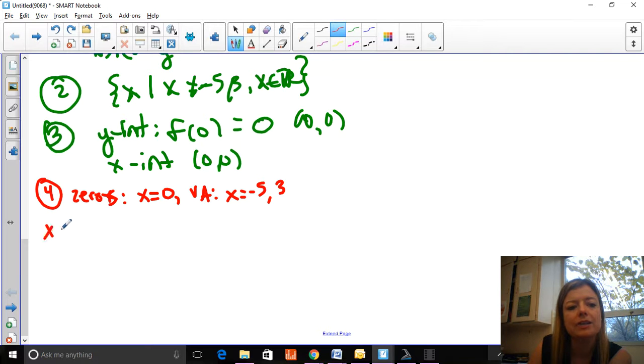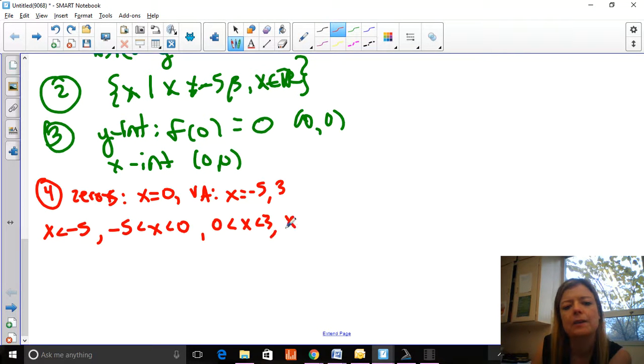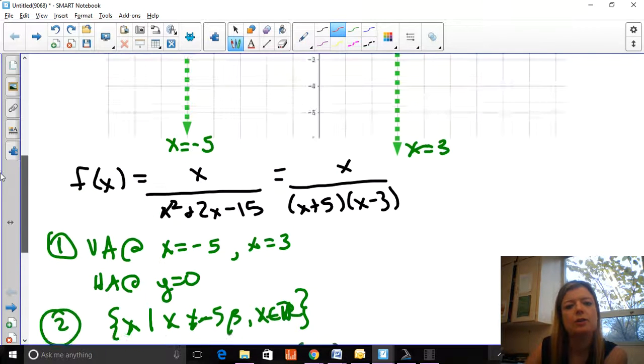So this creates one section that's less than -5, one section that's between -5 and 0, one section that's between 0 and 3, and one section that's greater than 3. So this function has 4 sections.